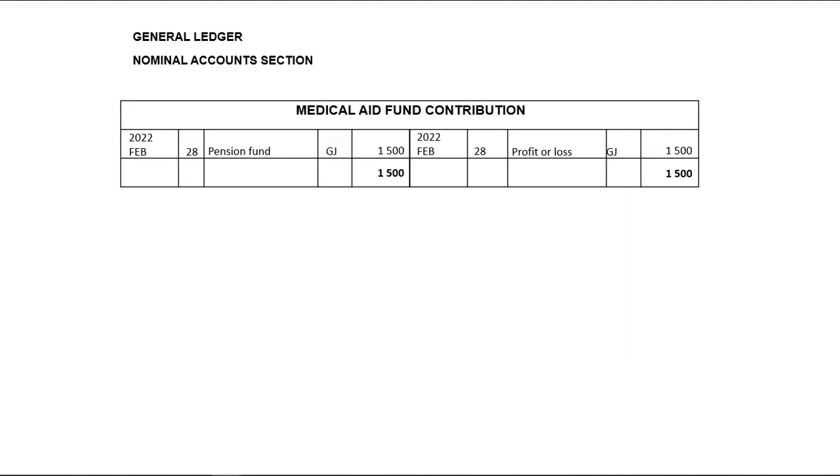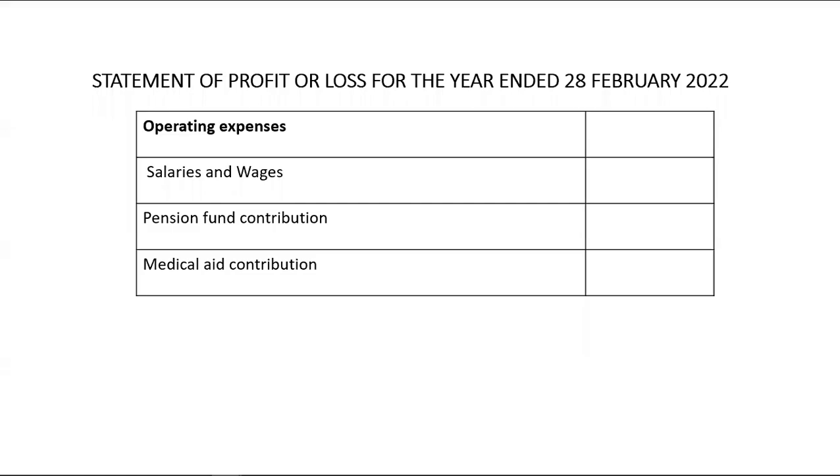The contributions, we normally call them benefits. People that are employed normally call them benefits. In the statement of profit or loss, we only record our expenses. Well, we'll start with salaries and wages in the statement of profit or loss. You normally put in only your gross salary, which will be 25,000.